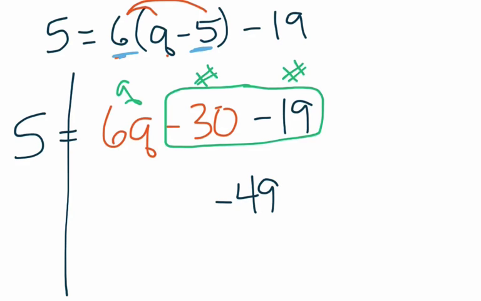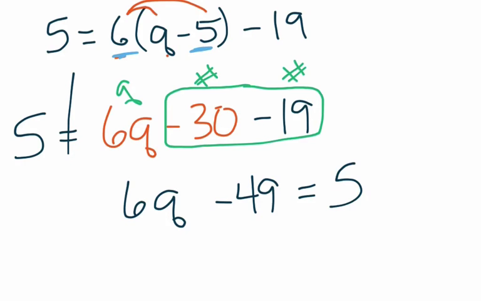And then my 6q comes down, and that can equal 5. Or I can write the equals 5 on the other side because it doesn't matter. A lot of times kids prefer it to be in the order that it's written now. You can choose which way you put it. So we'll just leave it like this.